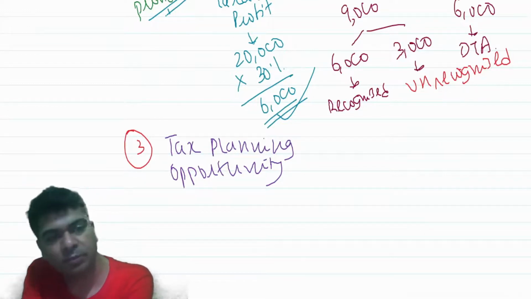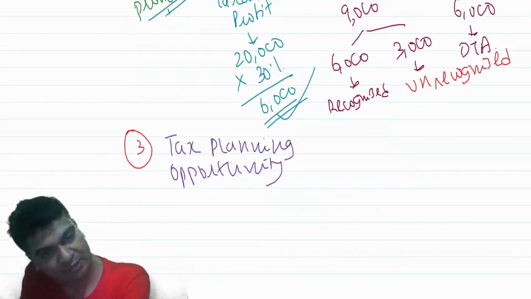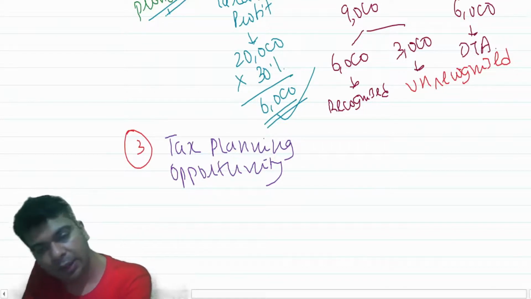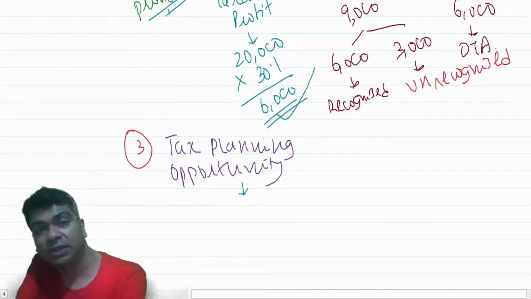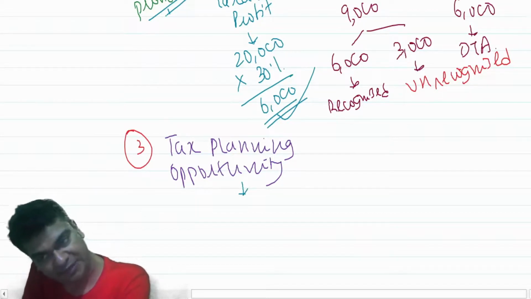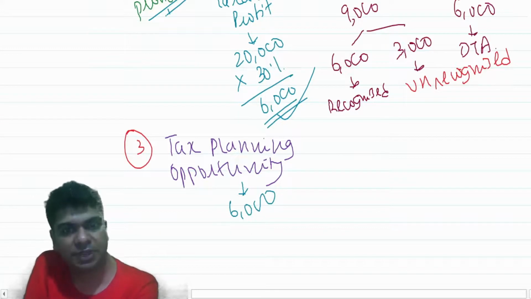So let's think for a moment that a tax planning opportunity is available to us by which we are expecting that our taxable profit will increase by 6,000 rupees, let's say.